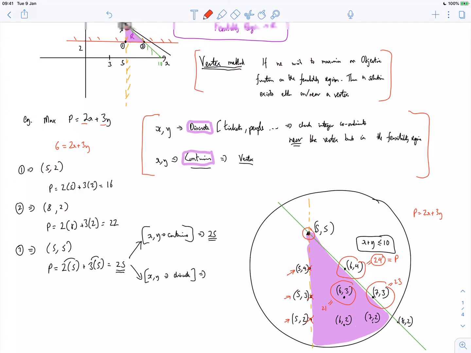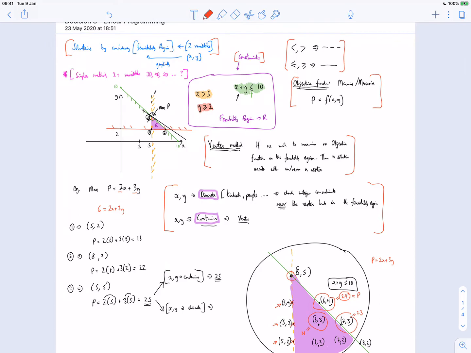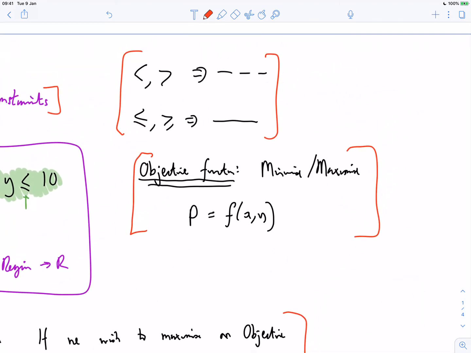And yeah, that's pretty much this chapter. If you can read and formulate inequality diagrams, if you can understand the idea of an objective function, and to minimize it, you want the bottom left vertex, or the vertex as the objective function is going into the feasibility region, and if you want to maximize, it's usually the most top right, or the vertex as the objective function is going out.